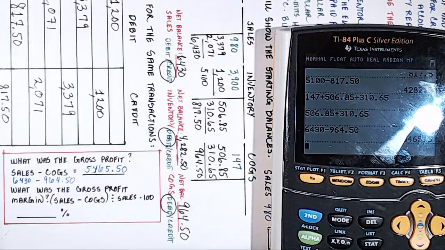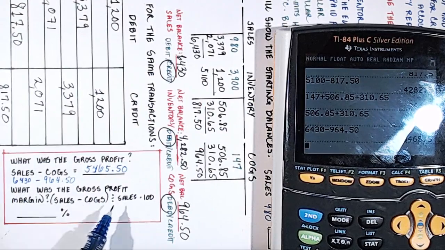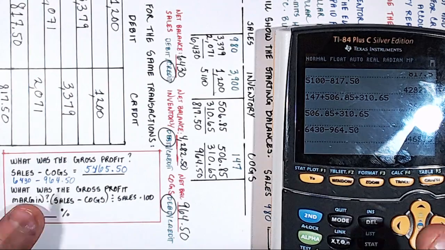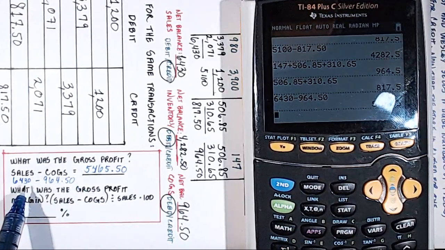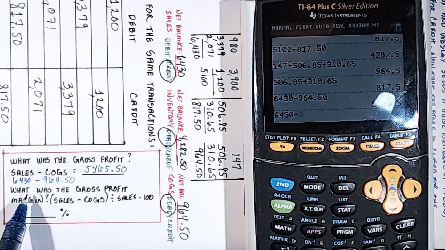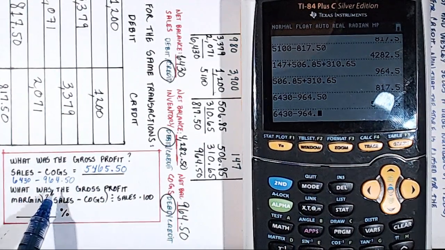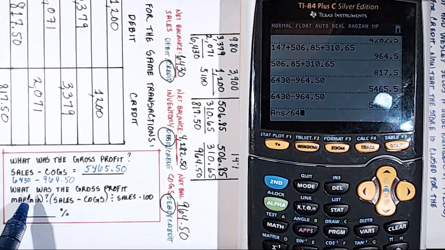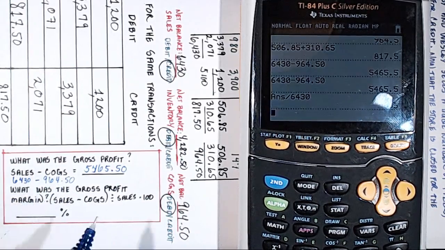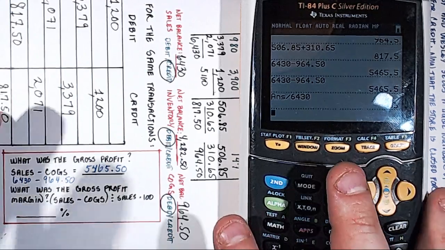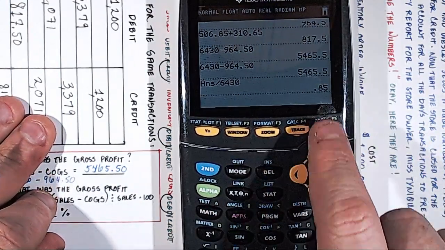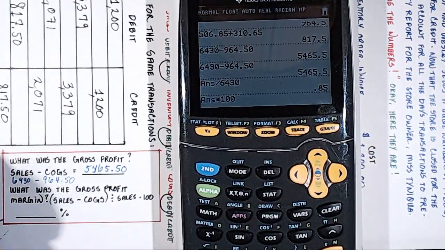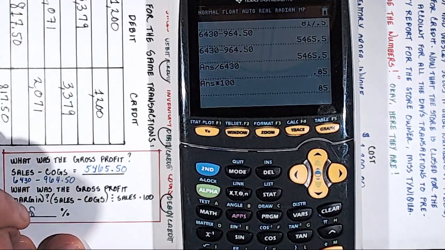$5,465.50. Okay, and now it says, what was the gross profit margin? Sales minus COGS divided by sales times 100. So we'll take sales, 6430, minus COGS, 964.50. Okay, and then divide that by sales of 6430. And we see that if you multiply times 100, the gross profit margin is 85%.